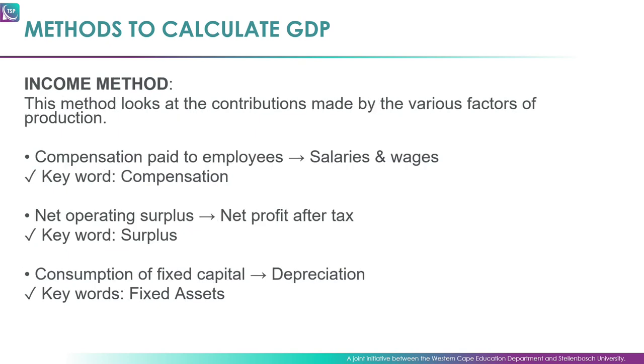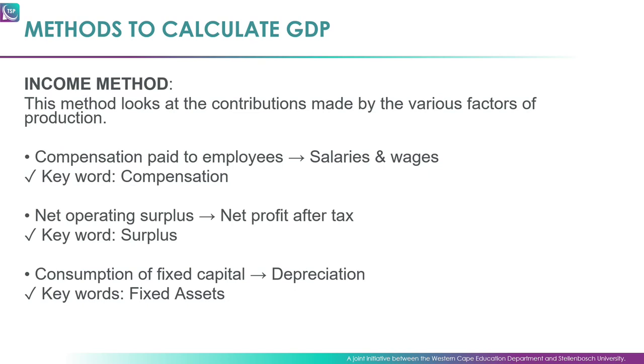When it comes to the income method, as we said, we're looking at the income earned within the economy. So here, this method looks at the contributions made by the various factors of production. And the first one here speaks about compensation, and that is our keyword, compensation paid to employees.